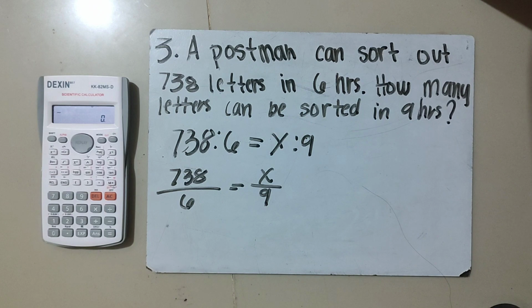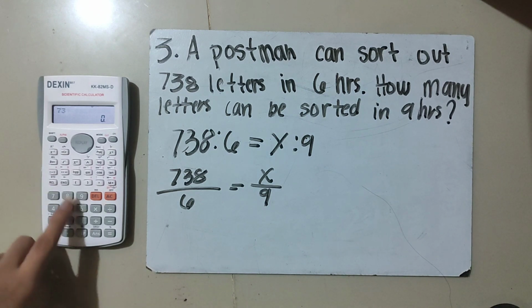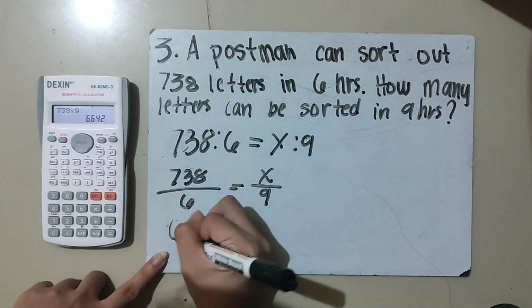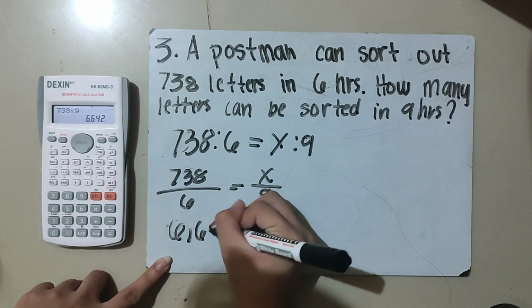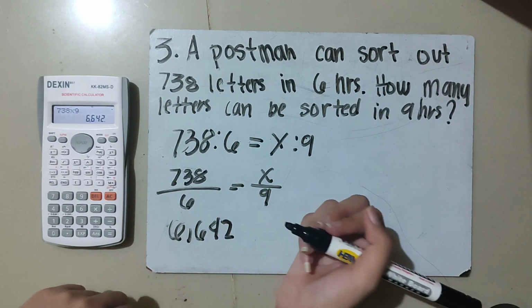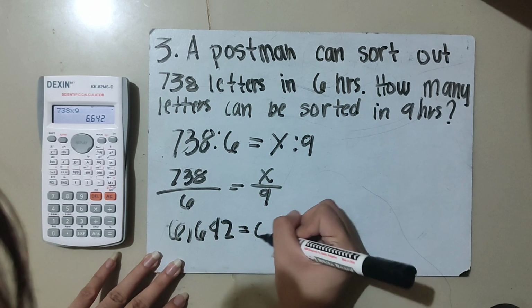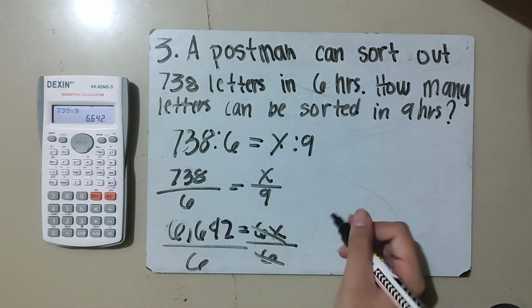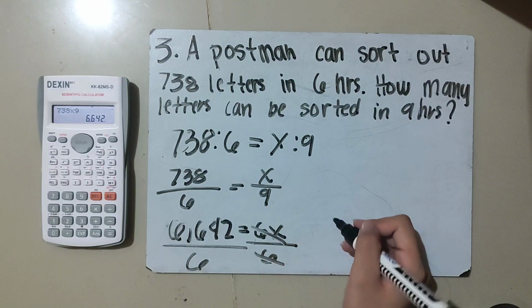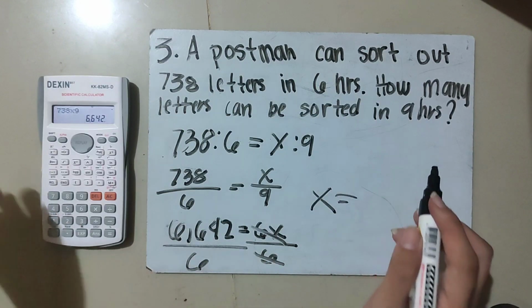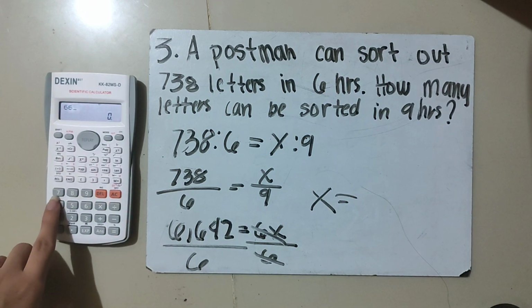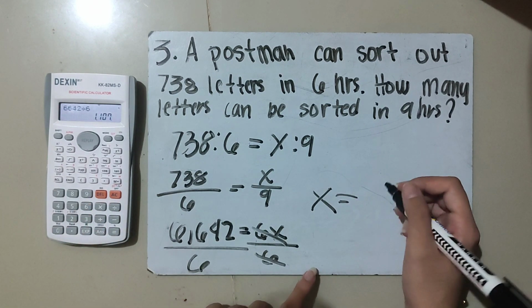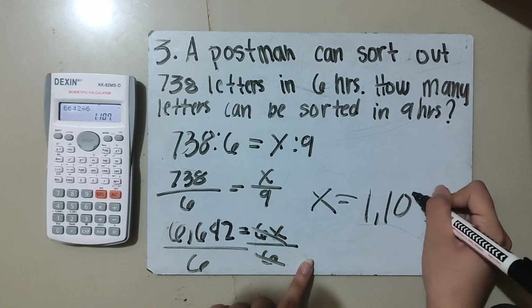Then cross multiply it. Then divide yung katabing number ni x sa both sides. Then divide. So we have 1,107.